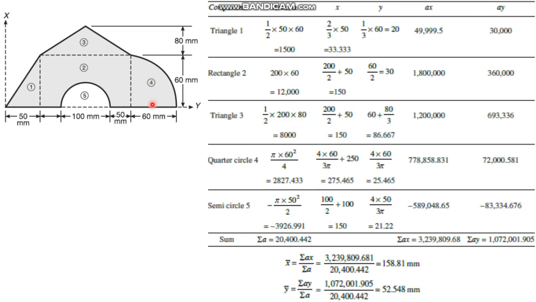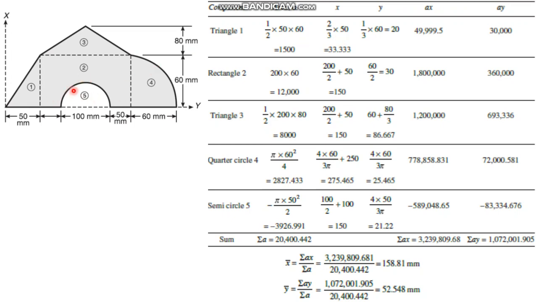The fourth area is this quarter of the circle, pi r square by 4, pi into 60 square by 4. And fifth is the semicircle, whose radius is given as 50, so that is pi into 50 square by 2, and since it is a cutout area, you have to take it as minus.